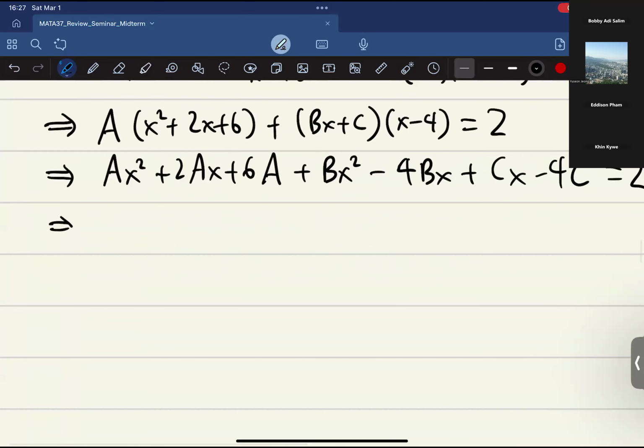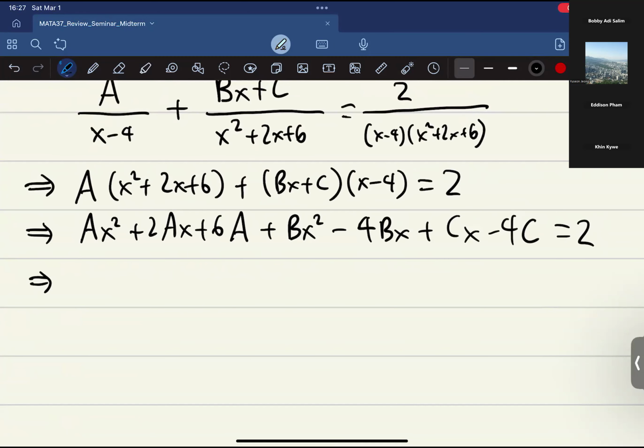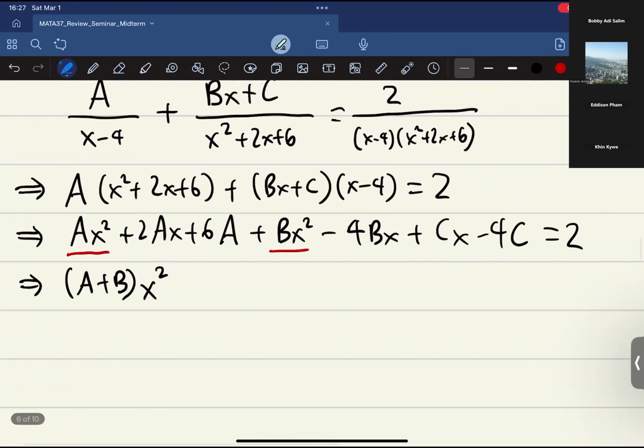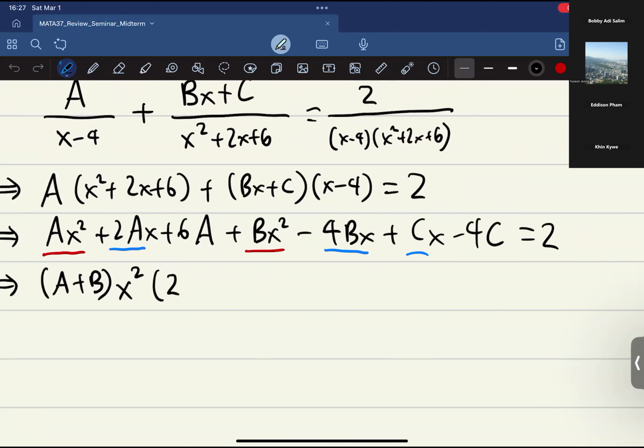And then we will group them up by the degrees of the x's. So here we have ax squared and bx squared, so we have a plus b times x squared. We have 2ax, minus 4bx, and cx, so we have 2a minus 4b plus c times x.